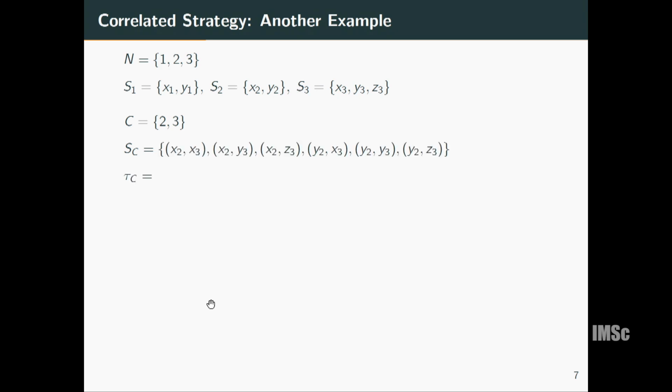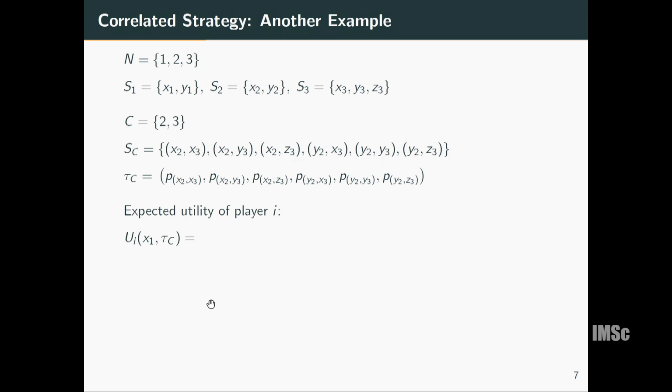So in this case, S_C would be all possible strategy profiles over S2 and S3. And what will be tau_C? Tau_C will be the probability distribution over each of these profiles. Is it clear? Okay, good.